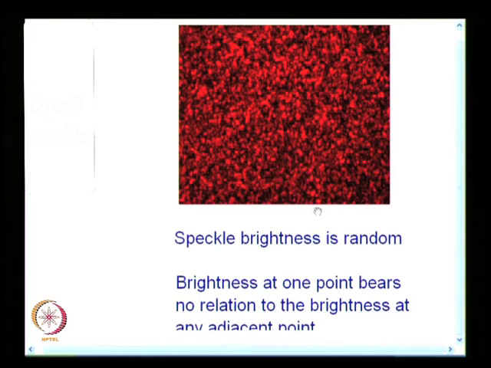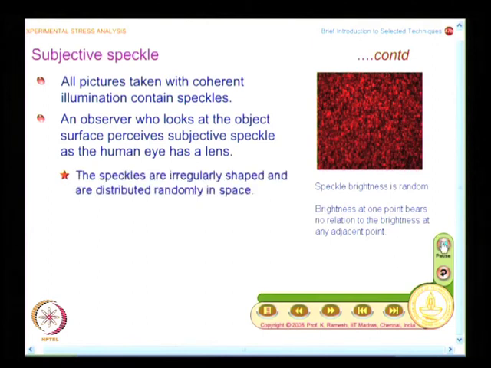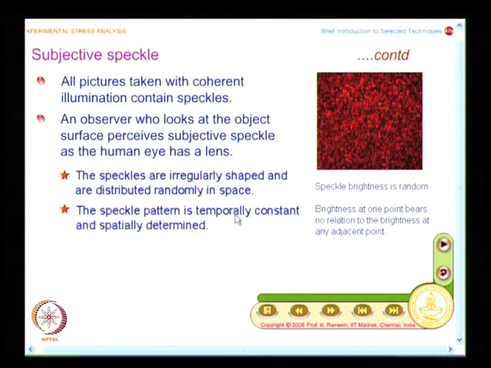So, speckle brightness is random. These are all the characteristics of it, and it is put in a slightly different set of words, because this is a very important characteristic. So, repetition is always advantageous for you to remember.